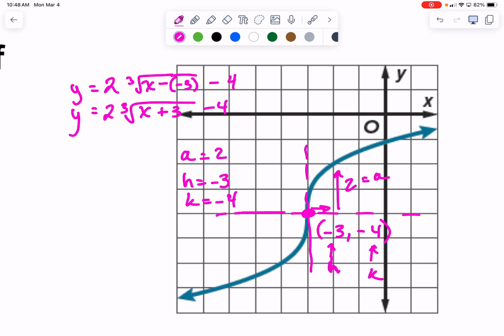Okay, the graph was given to me, right? I didn't have the graph. So let me understand the question. You said, how do I know it goes back down? You're having to write the equation. We're giving you a graph, and we're saying, what's the equation for this graph?